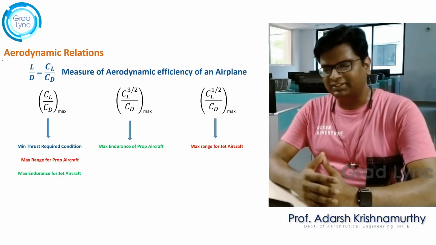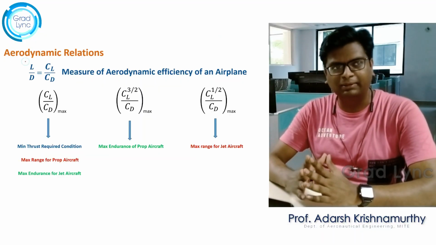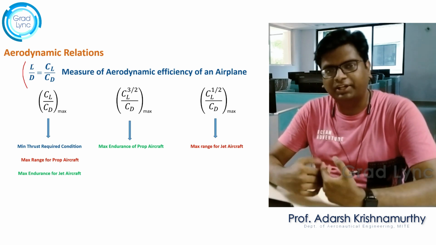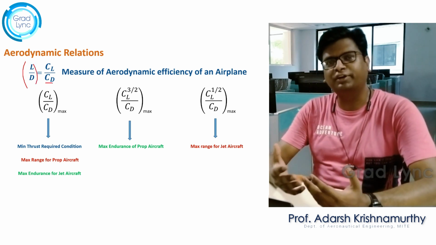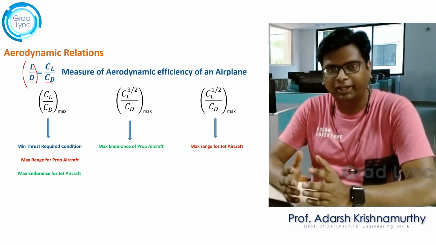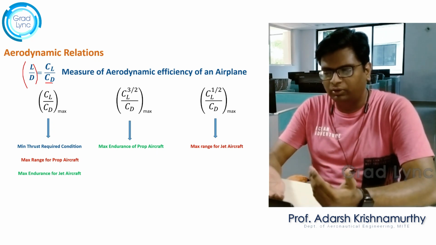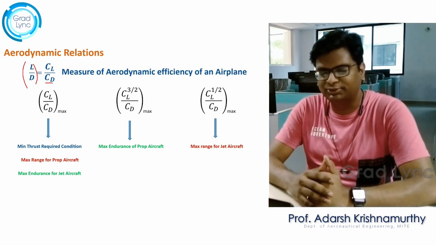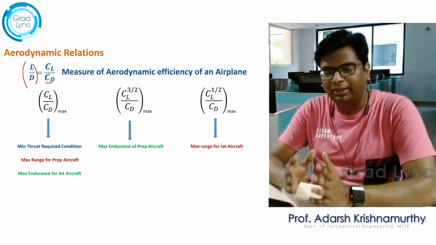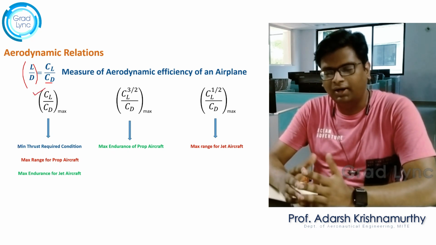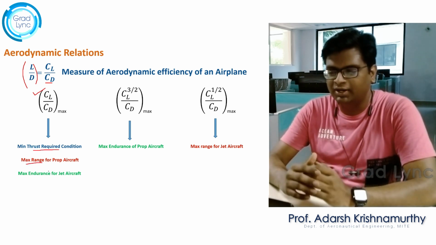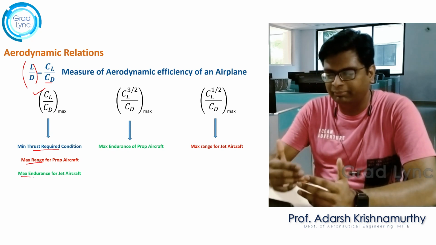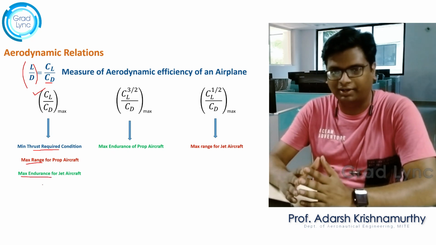Right? So let's begin. Let's start with the basic ratio, that is the L by D ratio, which can also be written as CL by CD, which is a measure of aerodynamic efficiency of an airplane. So what CL by CD max is going to represent is the minimum thrust required condition or the maximum range if the aircraft is a propeller aircraft, or it represents maximum endurance if it's a jet aircraft.